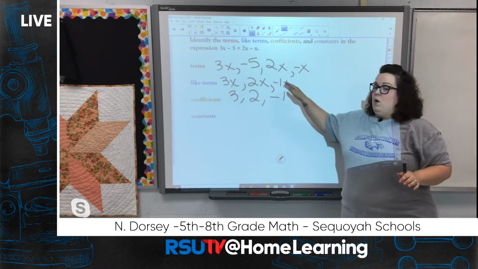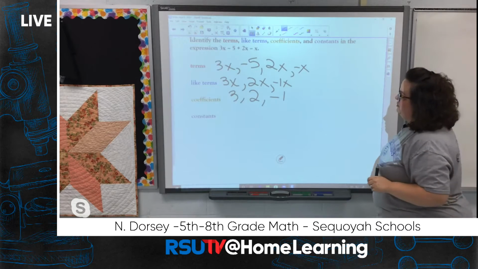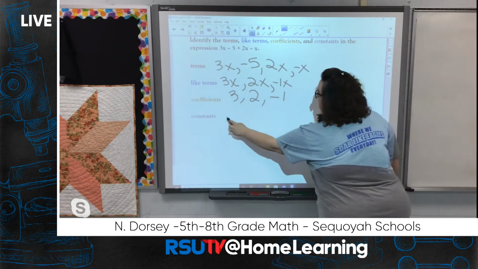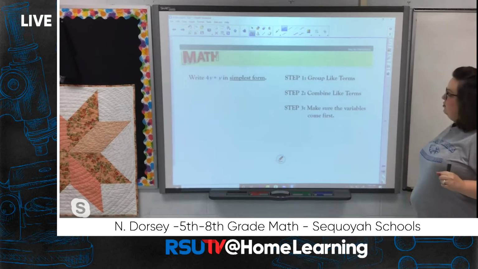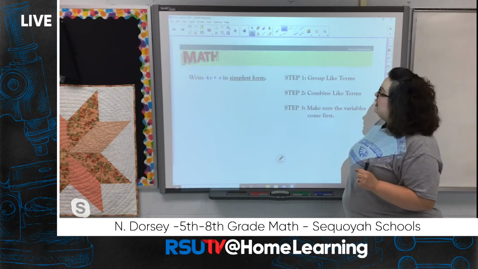Remember that negative 1 is just understood when you have a variable that stands by itself. The constants in this example are just negative 5.